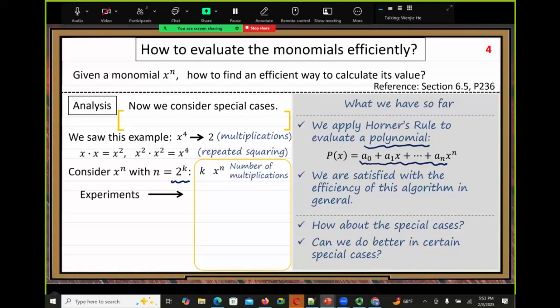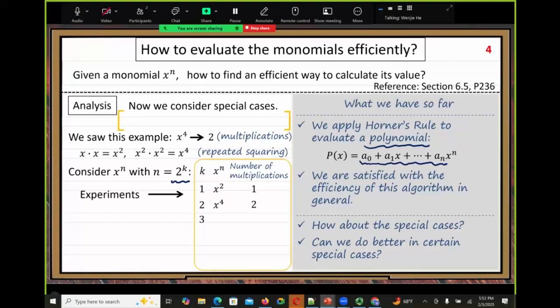When k equals 1, the exponent is 2 to the 1st, so 2 square, 1 multiplication. When k equals 2, the exponent is 2 to the 2nd, which is 4. You need 2 multiplications, right?